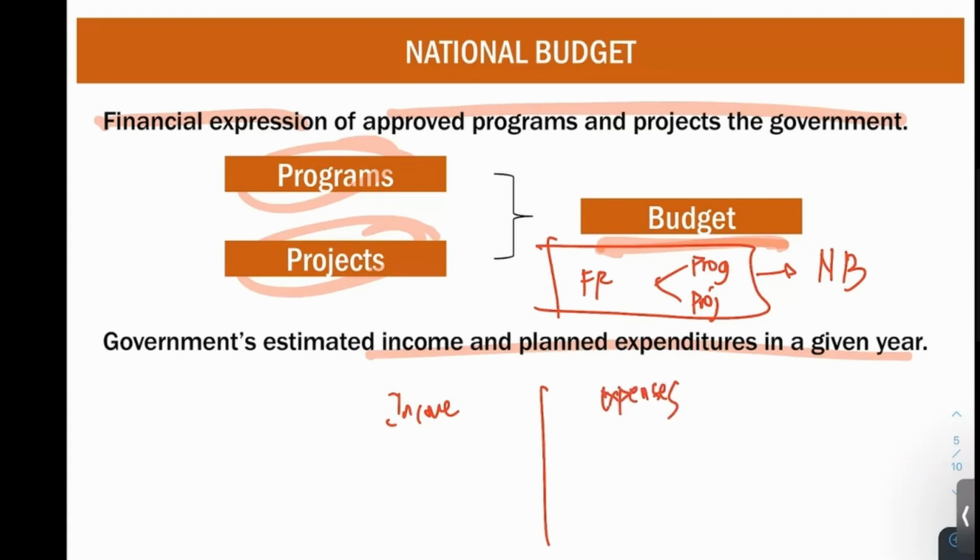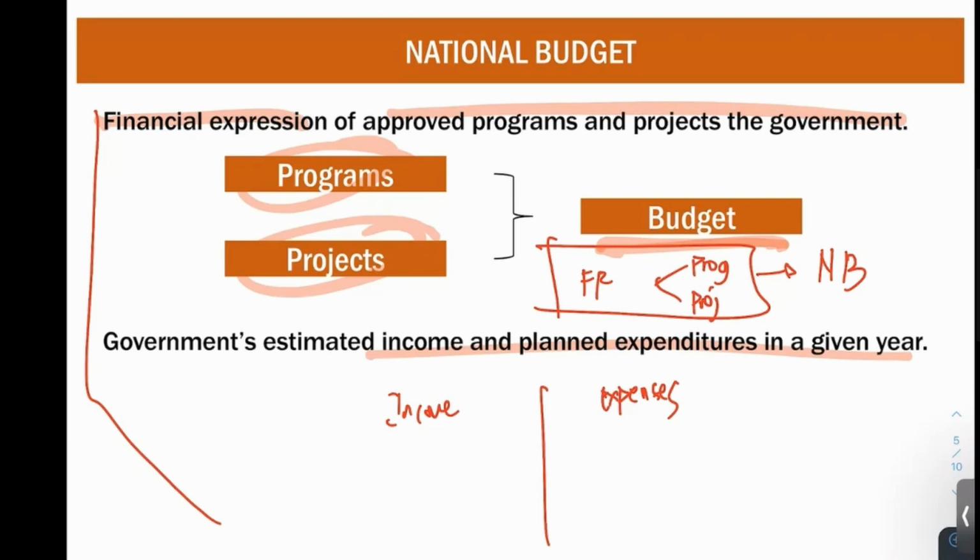All of this was already discussed a while back in the concept of budgeting and in the concept of a budget. So what really is a national budget? A national budget, therefore, is the estimate of the income and expenditures. And based on this income and expenditures, we allocate it to your government plans.